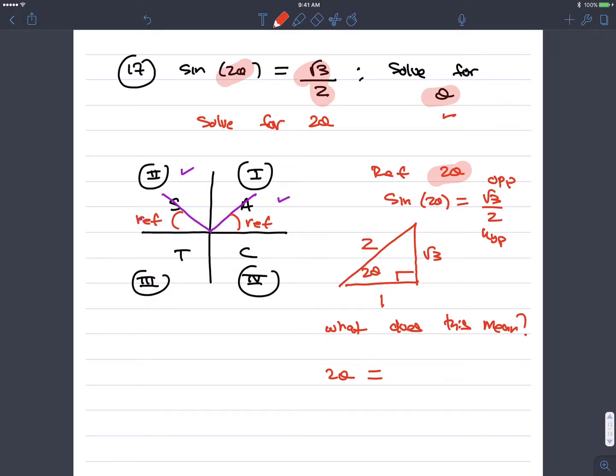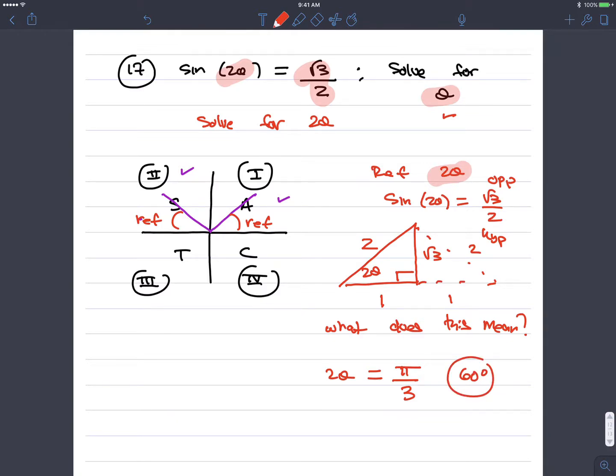I'll write that down. What does this mean? 2 theta has to be what? Let me see. I don't exactly know. Okay, that seems like it's coming from a special triangle here. 1, 2. What's the angle? What's 2 theta have to be again? 60 degrees? Isn't this 60, 60, 60? What's 60 in radians? pi over what? 3? Isn't that a 60-degree angle?